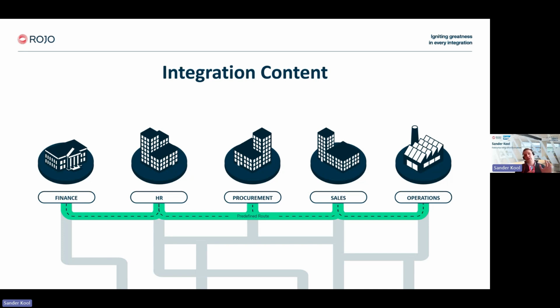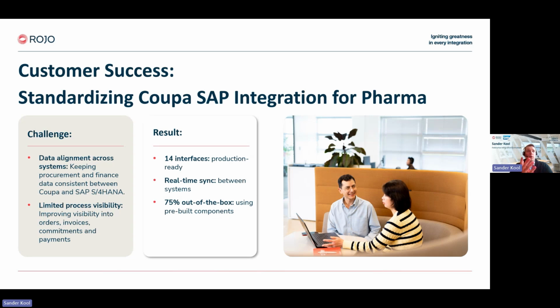So if you go to api.sap.com, you will see all these content packages that are available. You can also reach out to SAP and to Rojo channels about this content. And in the end, it facilitates rapid business process automation when your business process covers more than one or two applications. An example is procure to pay. The systems that are there are like Zycus, Coupa, Zip, any of these systems.